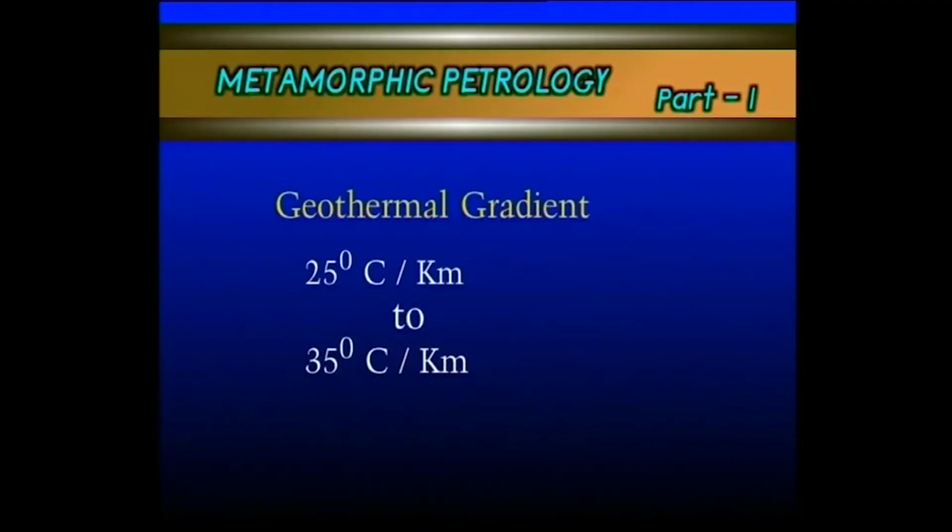Normally, we can assume the geothermal gradient always varies. In the case of continents, it normally varies from 25 degrees centigrade per kilometer to 35 degrees centigrade per kilometer. In this case, hornfelsic textures are formed, where the grains melt and recrystallize, and normally there is a lack of schistosity.